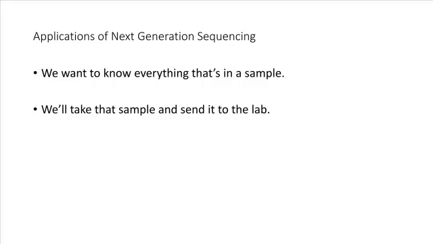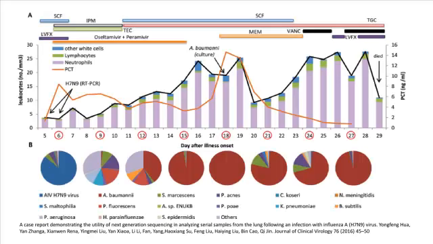So, applications of next generation sequencing: again, we want to know everything that's in a sample, and we want to take a sample and send it to the lab. This slide represents serial samples taken from a woman in China with an H9 influenza virus infection. It's a busy slide, so I'll explain it a little bit. These color-coded bars represent neutrophils, lymphocytes, and other white blood cells taken over time, all from bronchial alveolar lavage samples.